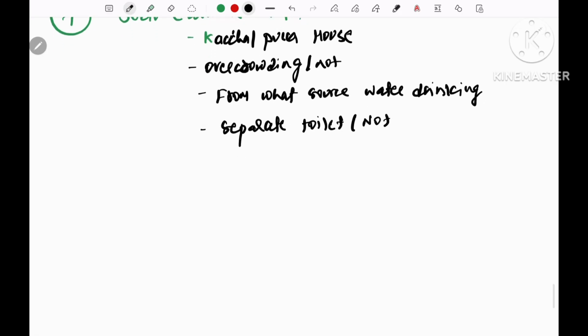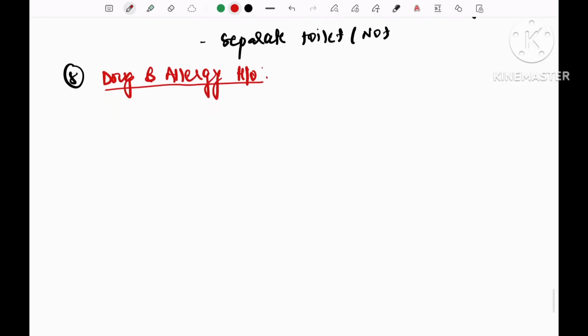Now in the eighth point, we have to ask about the drug and allergy history. There are some drugs like ceftriaxone and penicillin that can cause anaphylactic reactions. So we have to ask whether the patient has any history of allergy to any drug, dust, pollen grains, or any food.